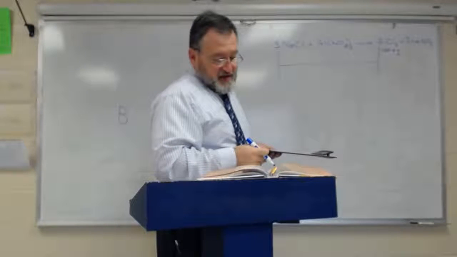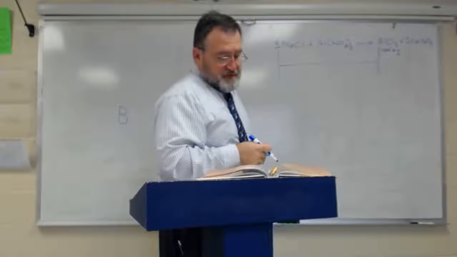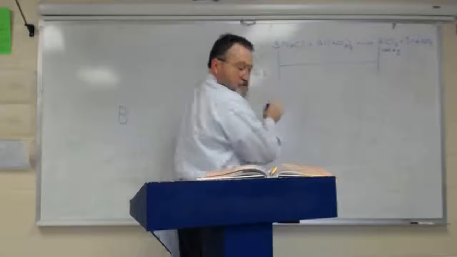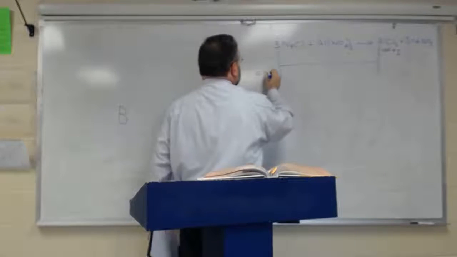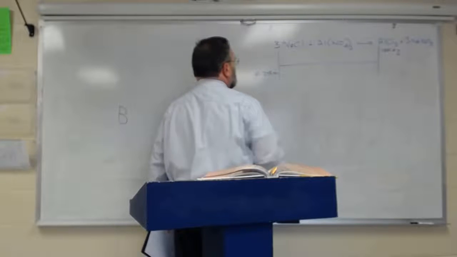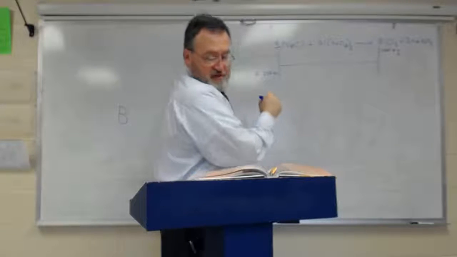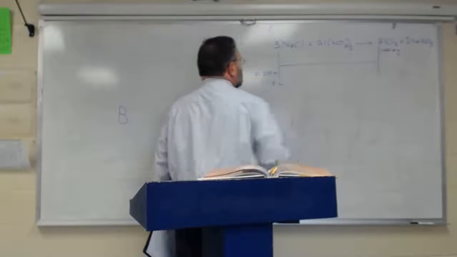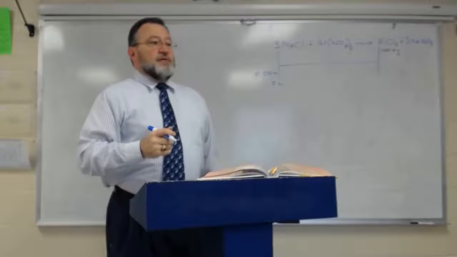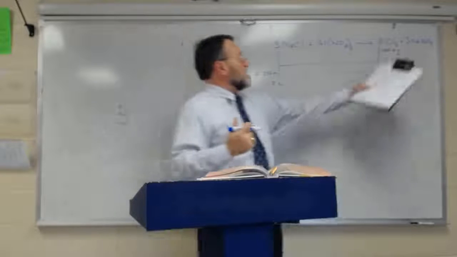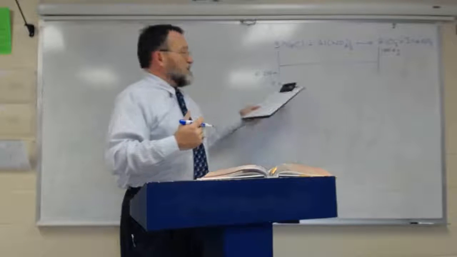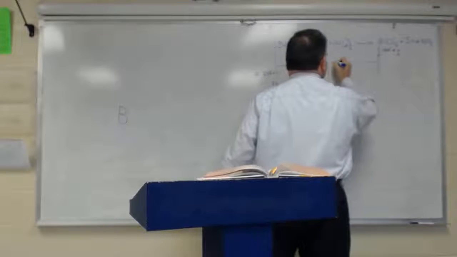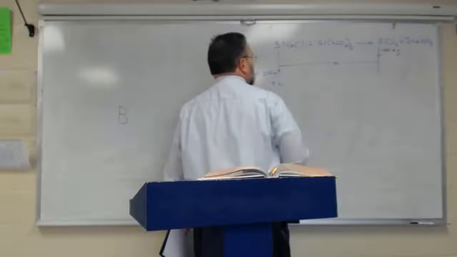It said we had a 0.25 molar solution of sodium chloride. And the question ends with how many liters of that. So going from my known to my unknown, given this, how much of this? My pathway is going to be down, across, and down.